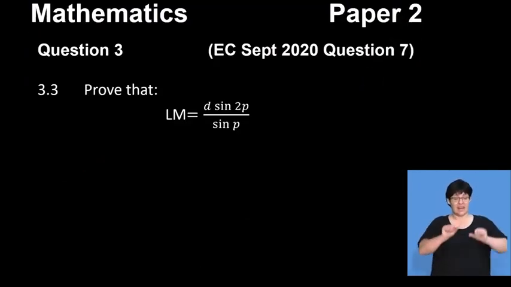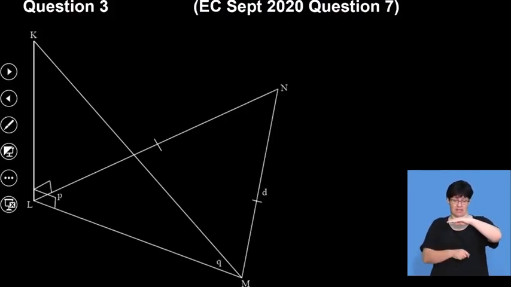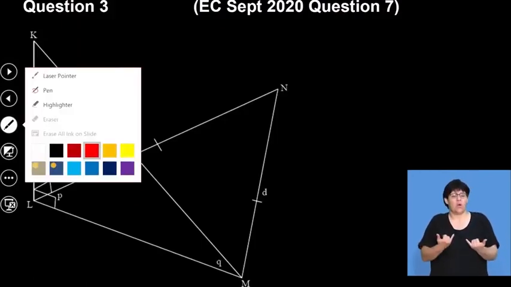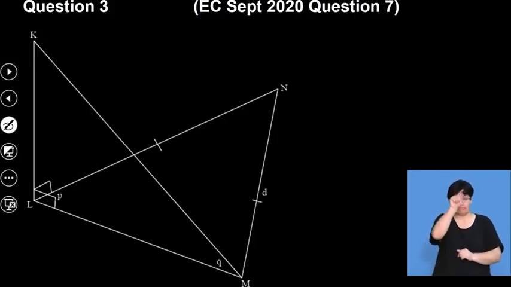Okay, so the next question asks us to prove that LM is equal to D times sine of 2P over sine of P. What we've just found is that this angle over here is equal to 180 degrees minus 2P.